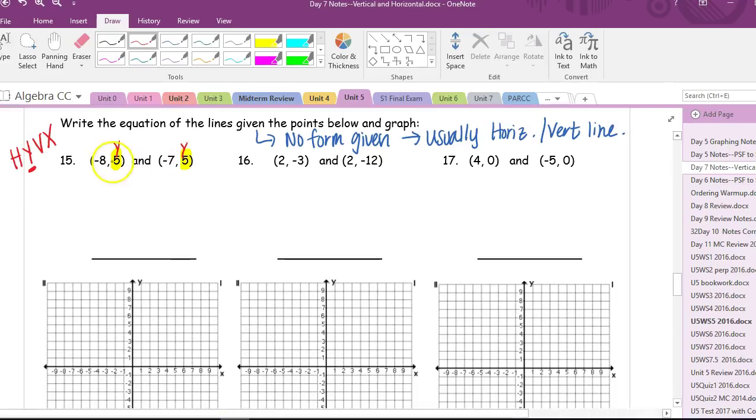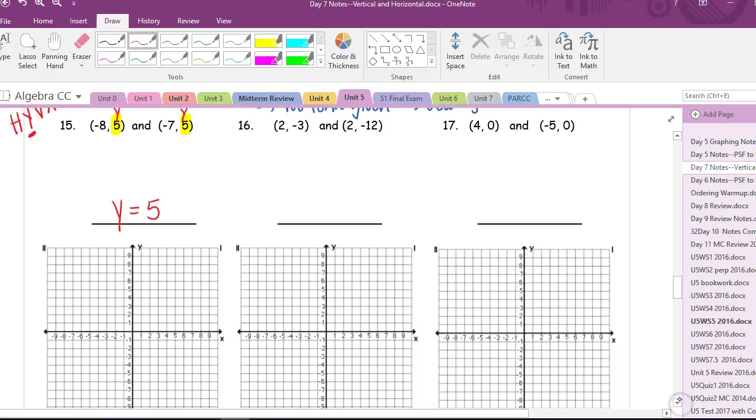All you need to do is say, oh, the y's are both 5, y equals 5. That's it. Okay, you can do that anytime you see a common x or common y value in your points. All right, so now we're going to graph. Y equals horizontal, find the 5, make sure on the y-axis, because it says y equals, draw your horizontal line.